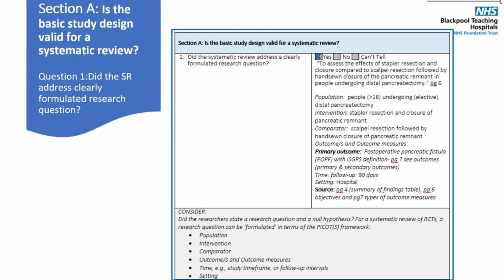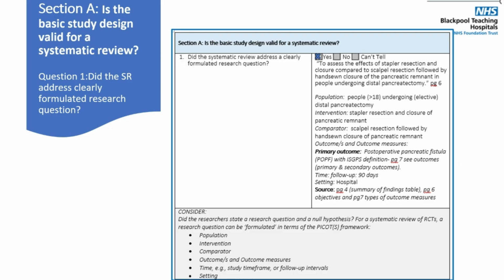This is an example of a completed checklist for the first question in section A. The first question is, did the systematic review address a clearly formulated research question?